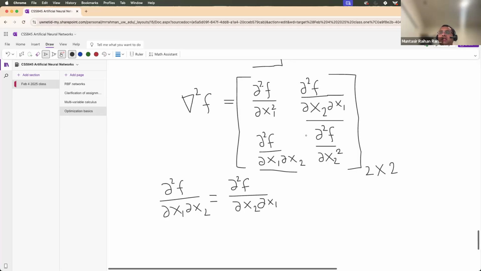If the off-diagonal terms always match each other, what is the property of that matrix? Symmetrical. It's symmetric, so this is going to be a symmetric matrix. Very good. This matrix is called the Hessian matrix, which is the matrix of all possible second order derivatives.